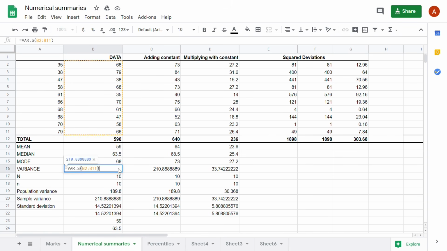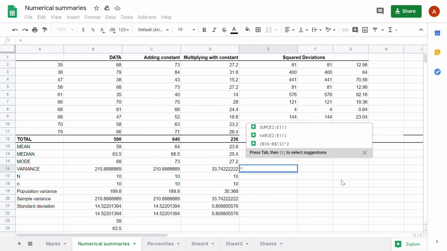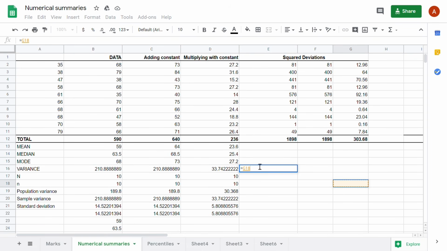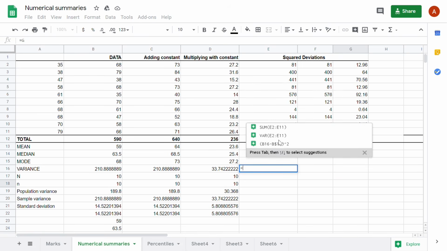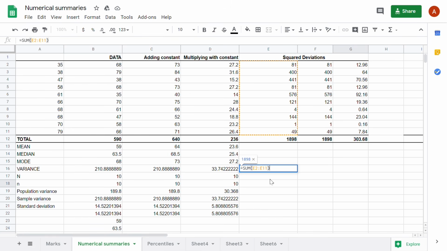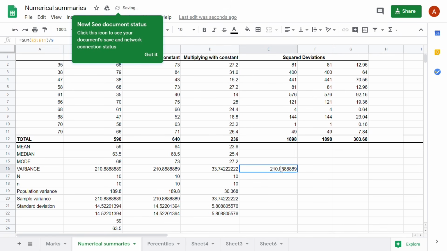I repeat, var.s returns the sample variance, and we can see that this is equal to the sum of the square deviations divided by 9, and I get the same value.